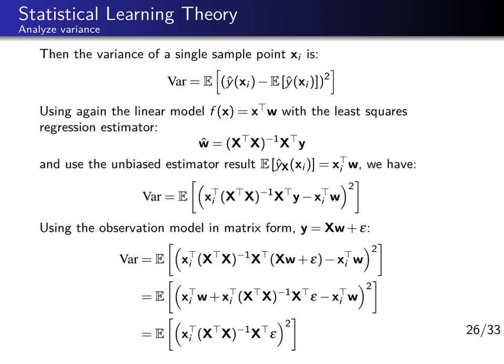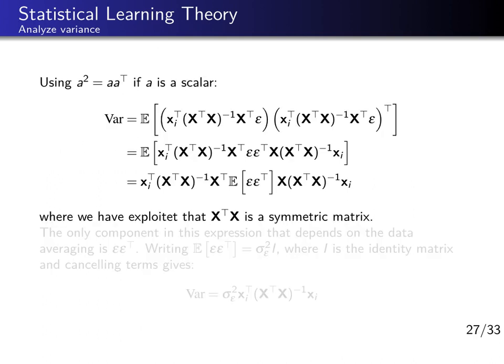And if we additionally insert the observation model that every label y equals xw plus the measurement error, we can formulate the variance in these 3 steps here. Now we do a few more algebraic analysis steps and use some of the matrix properties.